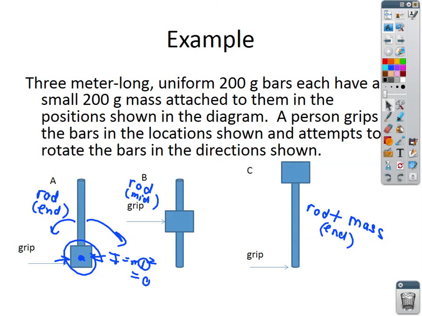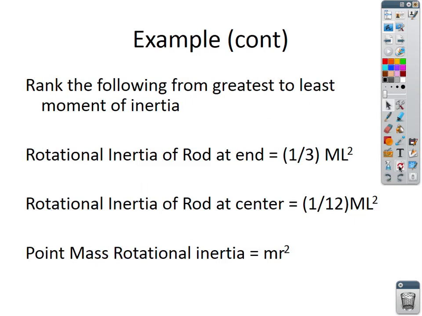The thing is, the problem would normally give you all of the formulas. They go, okay, rotational inertia of the rod at the end is 1/3. Rotational inertia of the rod in the center is 1/12. So it's easier. 1/12 is less than 1/3, duh. So this is easier to rotate through the center. And then obviously the point mass is mr squared.